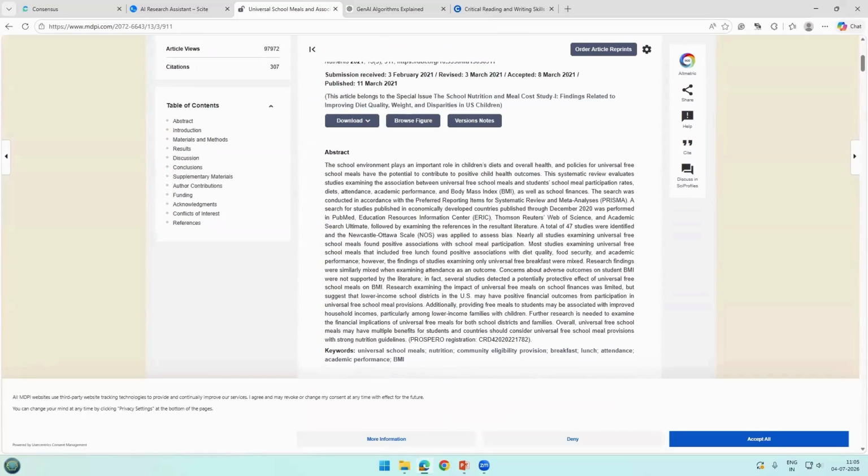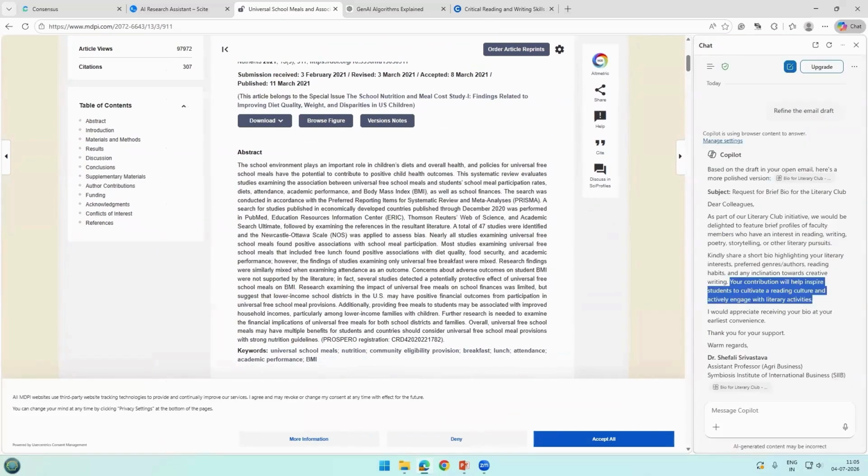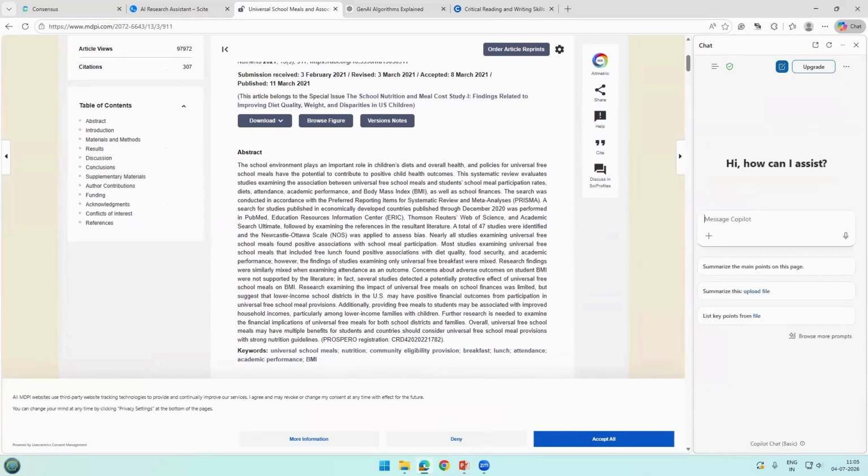Now, how can I use AI to understand this paper, right? So, like, I can just make a new chat and just write in it, summarize the paper. The paper open in current window.